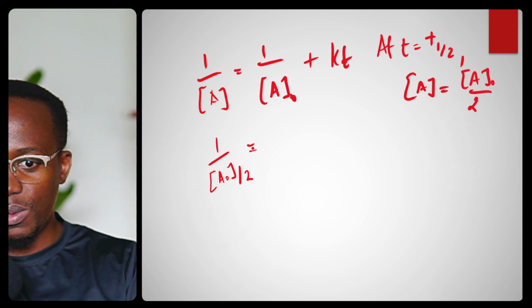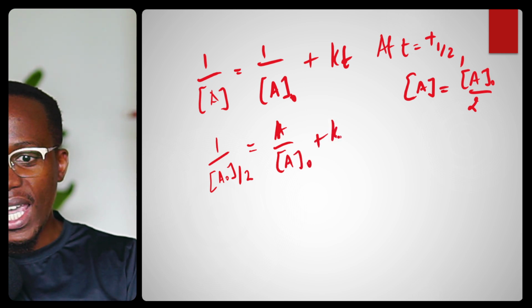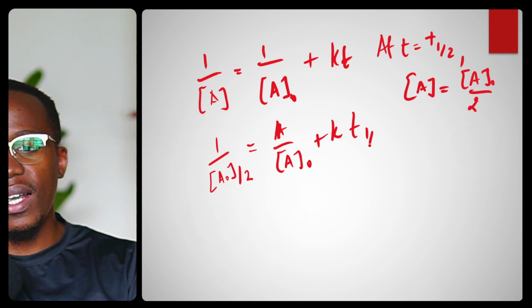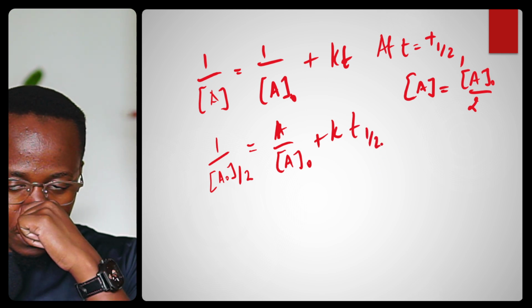We're going to substitute A0 over 2, and then it's equal to 1 over A0 plus k times t half, right? You with me?